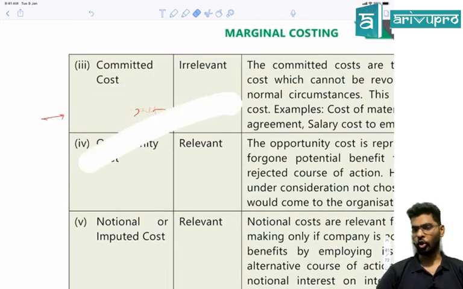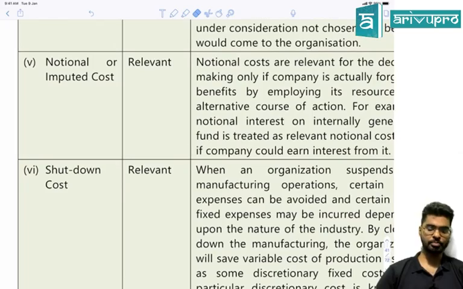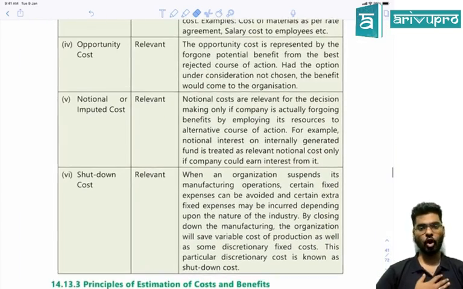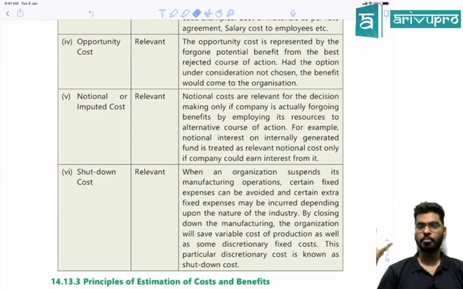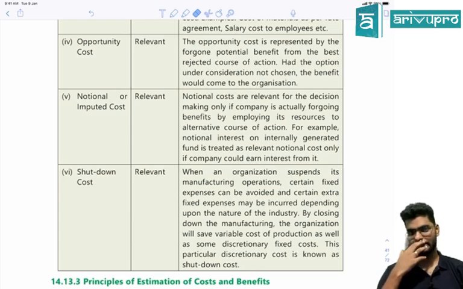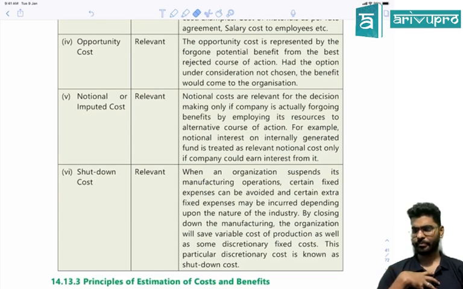Next one, notional cost. What is notional cost? Notional cost is basically a cost on which we are not spending money, but it is something which is relevant for me. For example, you have money.